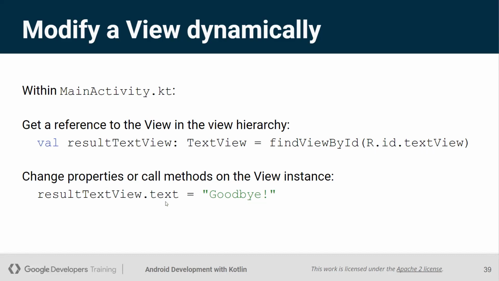And then if we want to change the text value that is included in this text view, we can do that by giving this command, which says that the result view variable and its text value should be changed to goodbye.